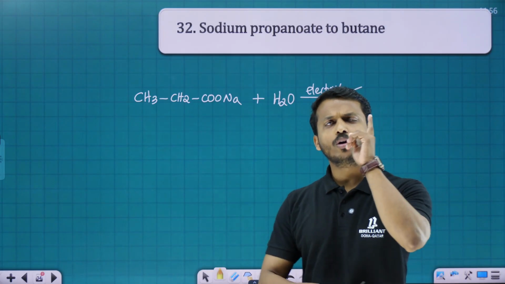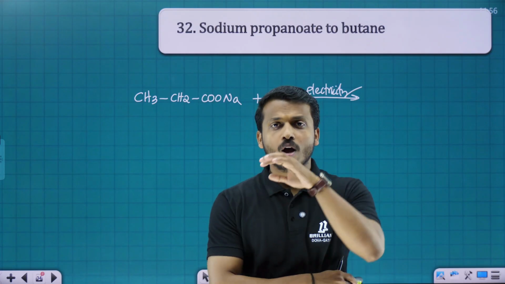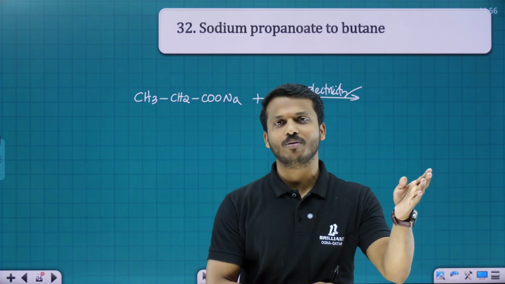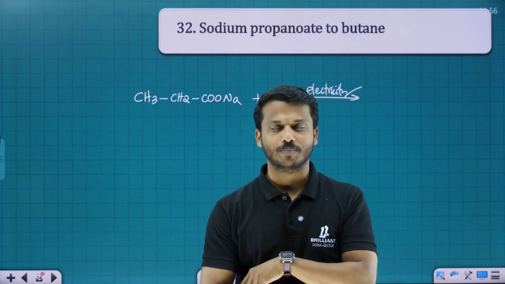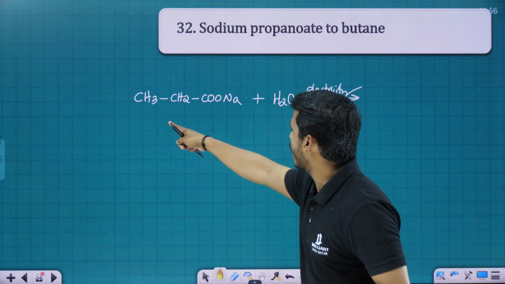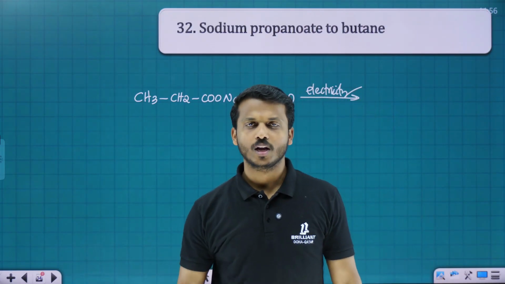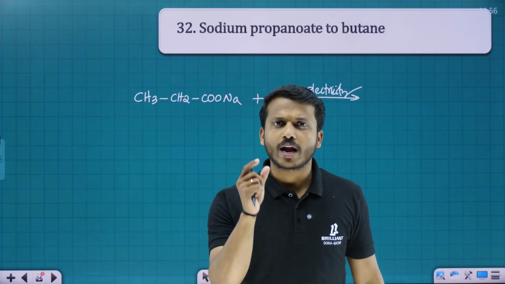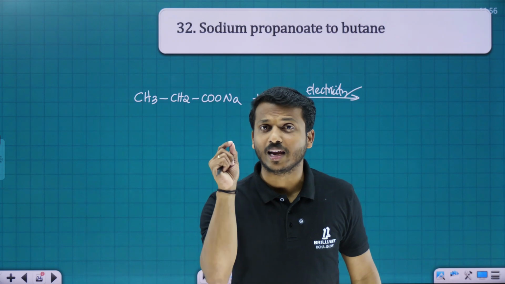Do you remember what you did in decarboxylation? In decarboxylation, we write the alkane with one carbon less, correct? That also starts from the sodium salt of an acid. But here with the sodium salt of an acid, it's doubling, right? 3 carbons here, butane means 4 carbons. So how to write the product in Kolbe's is just double the alkyl group.